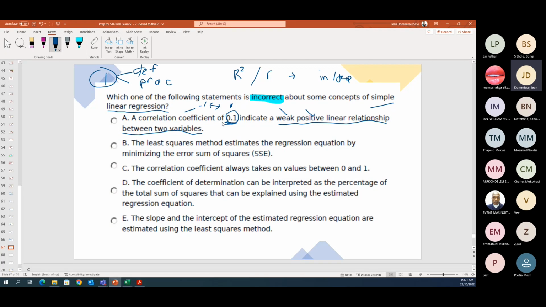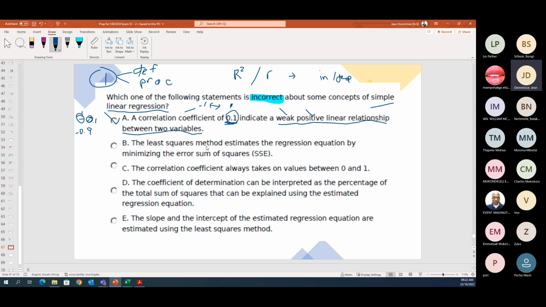If it was minus 0.1, it would read a correlation coefficient of minus 0.1 indicates a weak negative linear relationship. The sign just makes it negative. If it was negative 0.9, it would have been a strong negative linear relationship. So that one is correct.